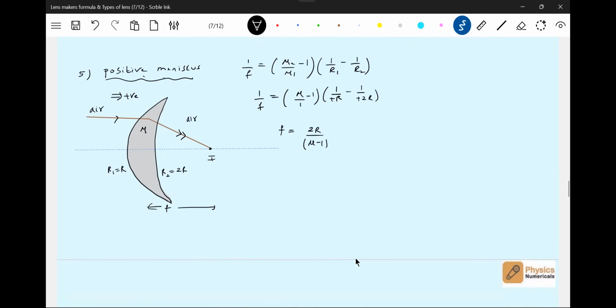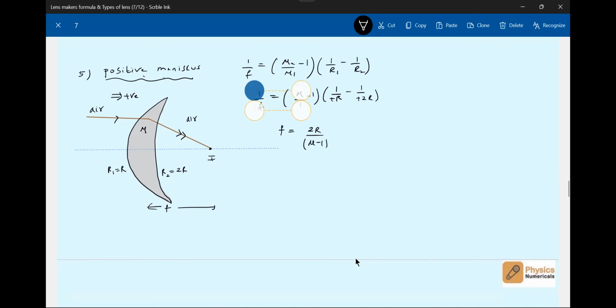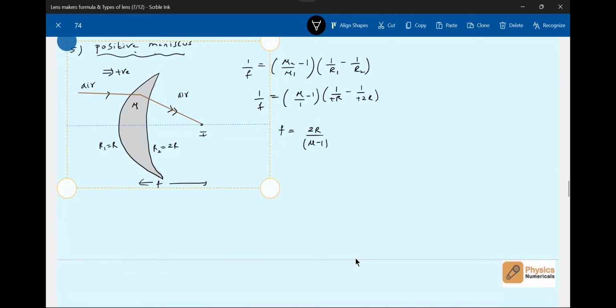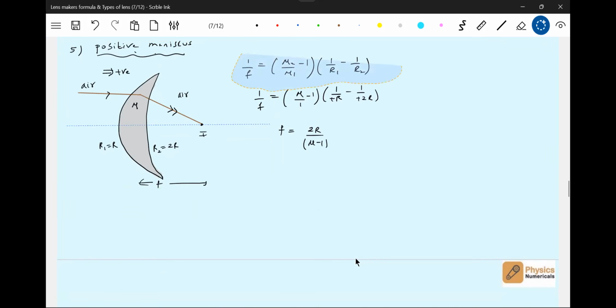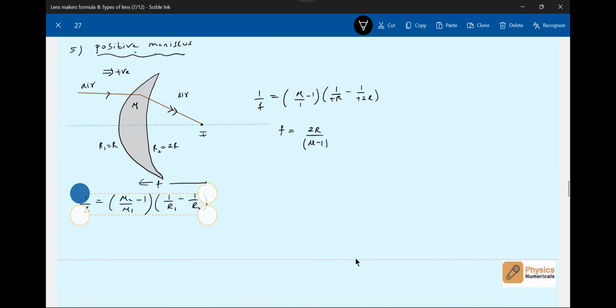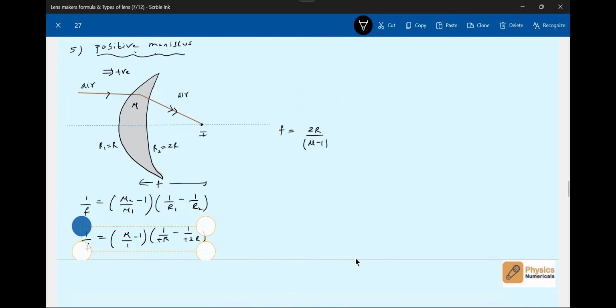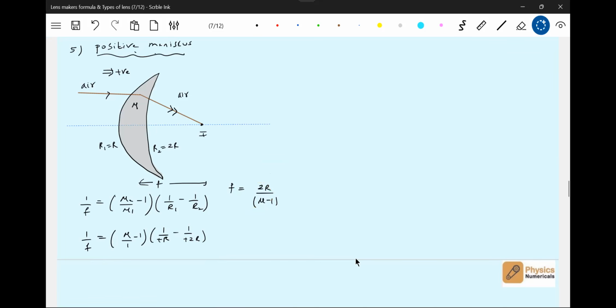Positive meniscus it is called. I think I'll try to adjust here only. Positive, negative meniscus again, we can save place. What do you mean by negative meniscus?